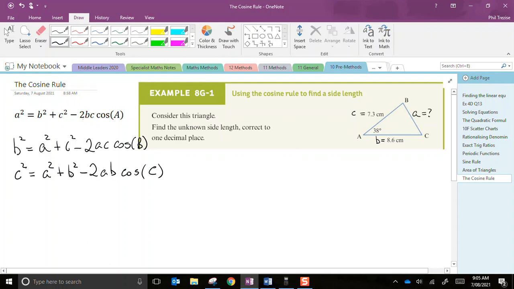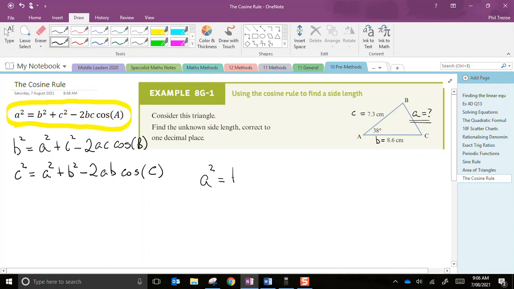So the easiest one to use would be the first one, because side a is already isolated on the left there. It's a squared admittedly, but it's better than having it over here in multiple places. So if you're looking for an unknown side, like this one here, a, start by writing that as the first part of your formula.